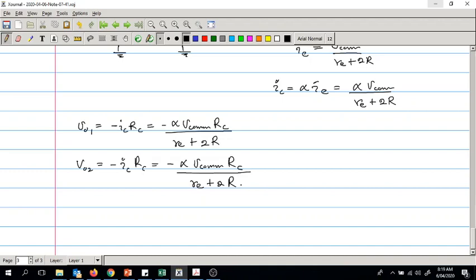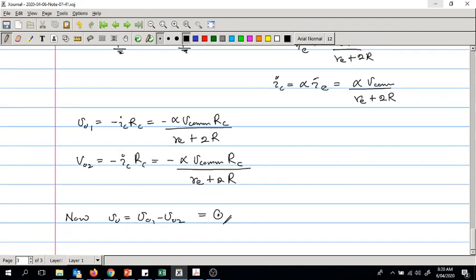Now what happened? V out is equal to V out 1 minus V out 2, which is 0. So common mode signal will not be amplified.